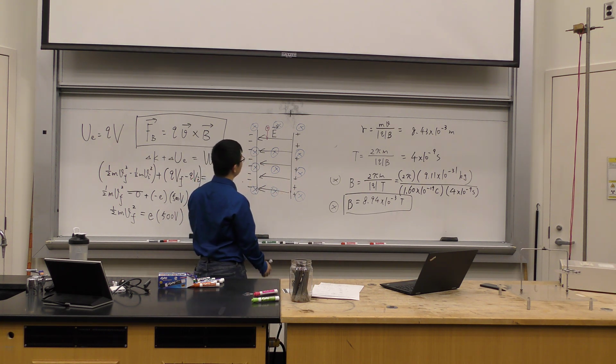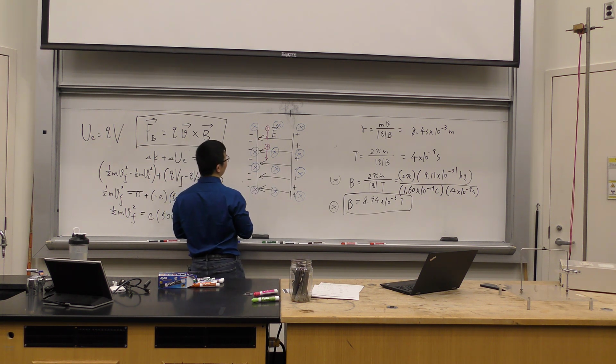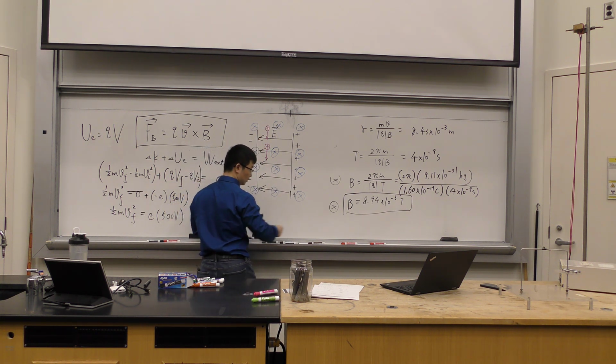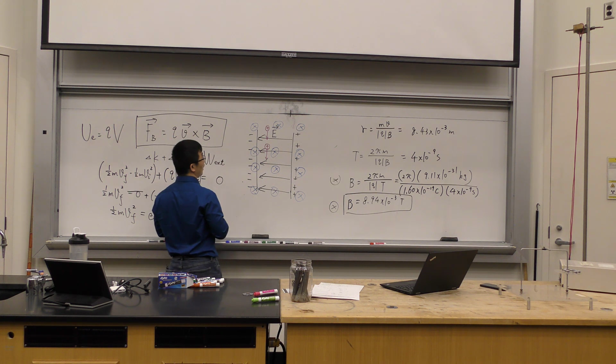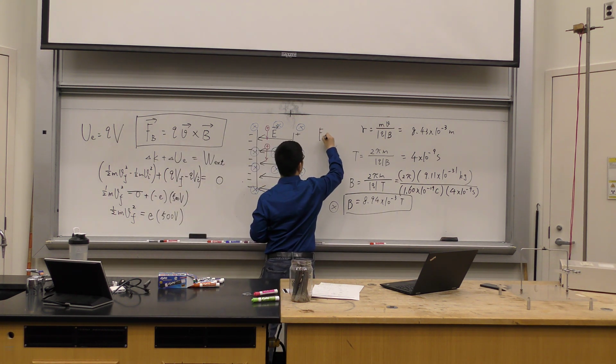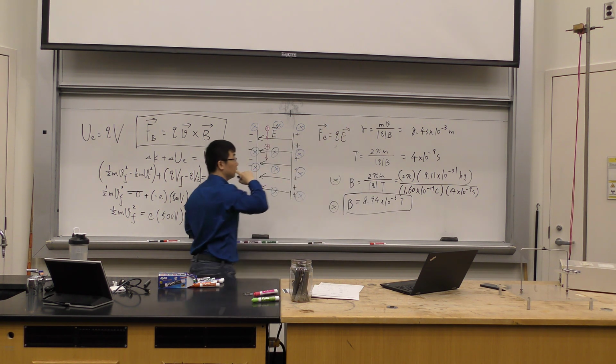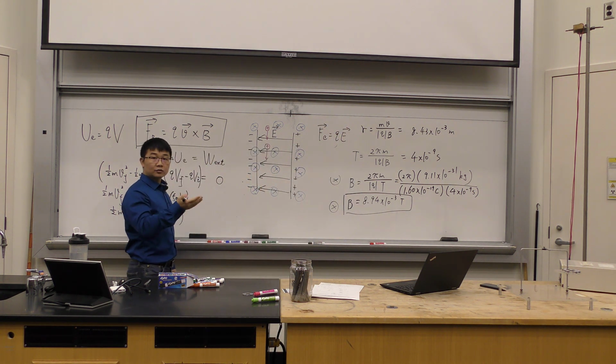Let's first take a look at the electric field. So electric force is easy. Say it's here, then it wants to move straight down. What is the direction of the electric force on it? Well, from the theory we have learned, take a look at the direction of the electric field, and take a look at the sign of the charge.